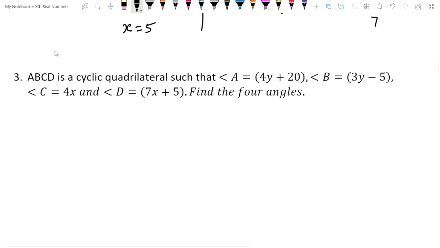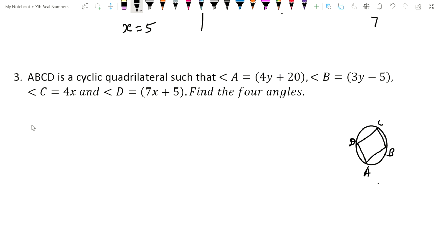Third question. ABCD is a cyclic quadrilateral. Inside we have the quadrilateral A, B, C, D. Okay.